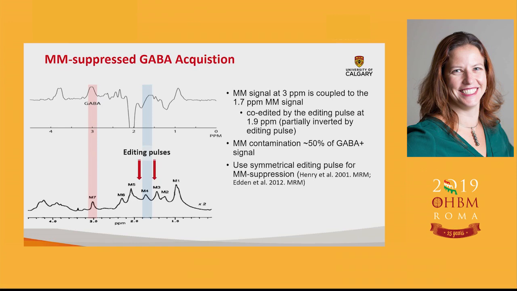And then instead of not applying that editing pulse or applying it somewhere else, we apply it symmetric about the peak. So what I'm highlighting here is we're applying our editing pulses in the on condition still at 1.9 ppm, so we're modulating GABA. And in the off condition, we're applying an editing pulse at 1.5 ppm, so symmetric about that 1.7 ppm peak. So in that on and off condition, that peak has been modulated equally.